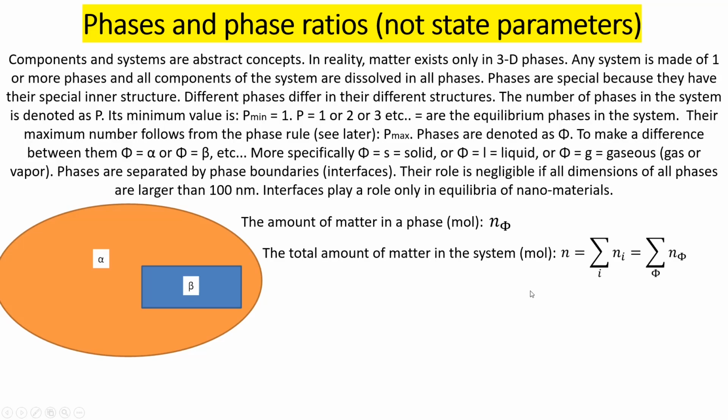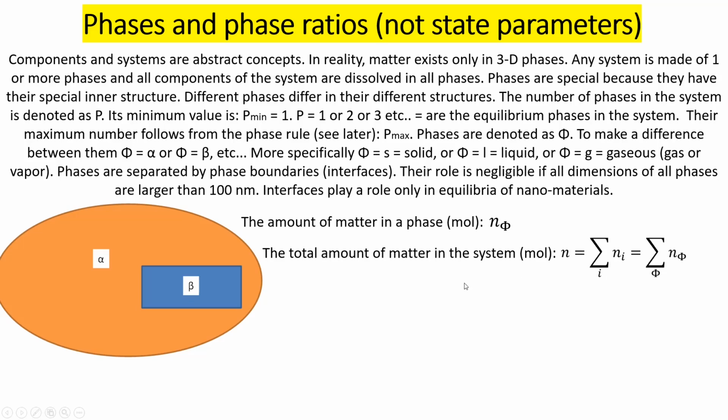But previously we have seen a similar equation, and we found that we can also do the same with ni. And it's quite obvious, the inventory of the amount of matter can be done in two ways. It can be calculated or counted through all the components and also through all the phases.